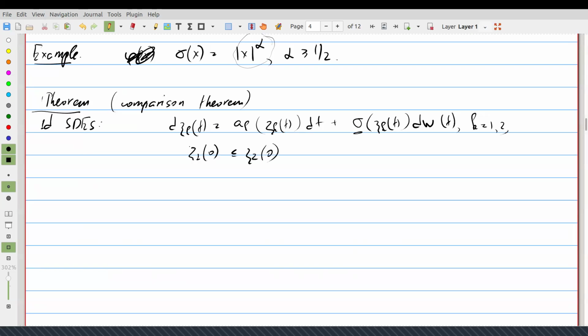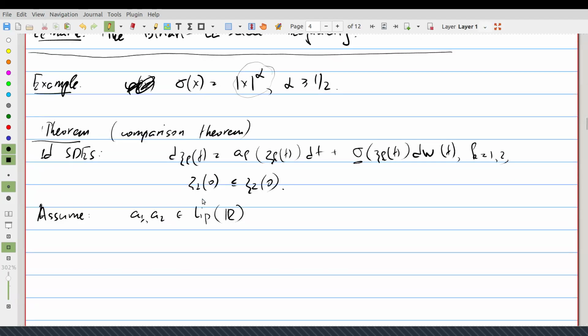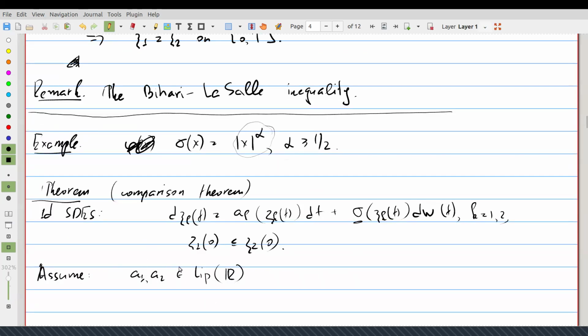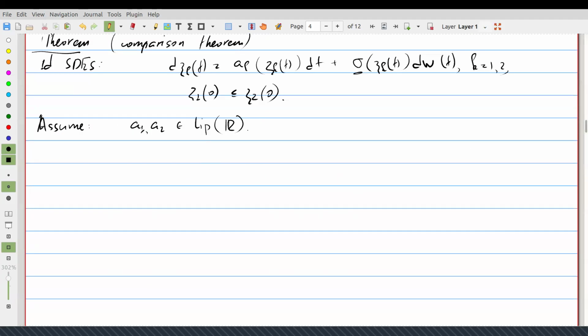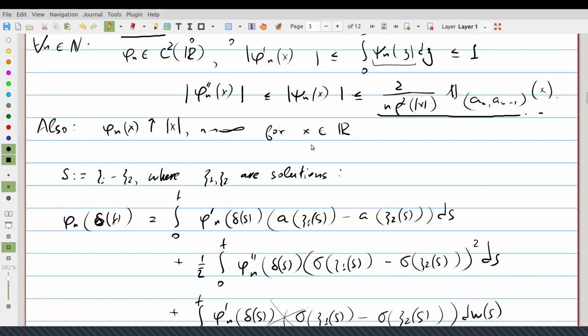So the starting point of the first is equal to or lower than the starting point of the second diffusion. And assume a1, a2 are Lipschitz. It can be quite relaxed, to Hölder continuity of a lower power, but it requires this version. And sigma is the same as here.